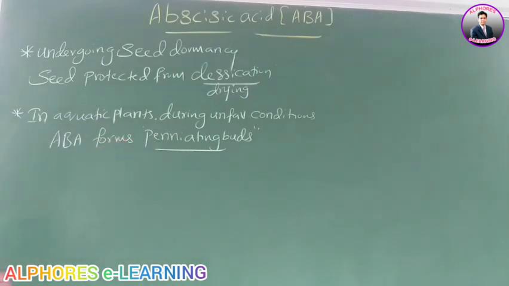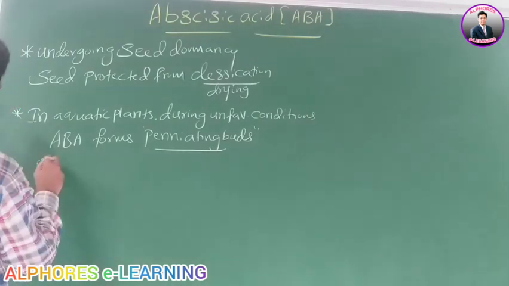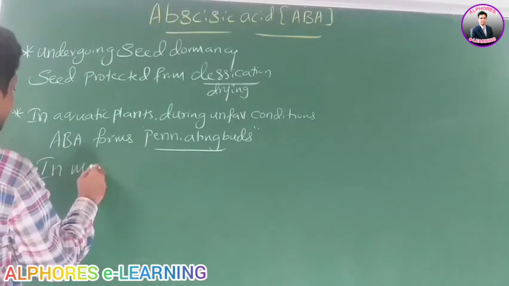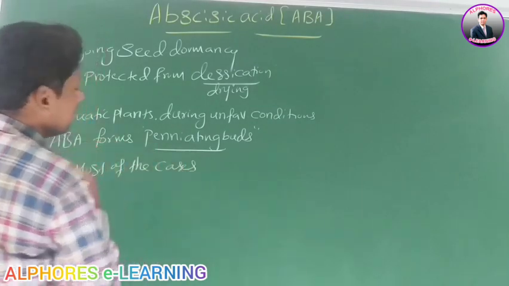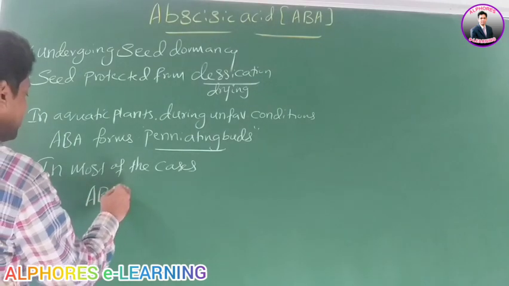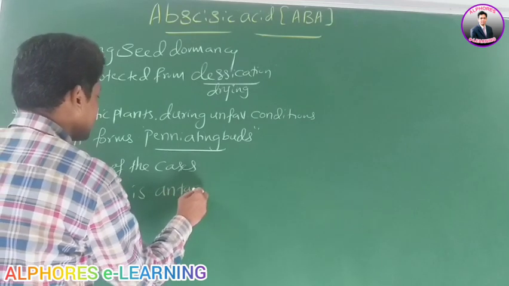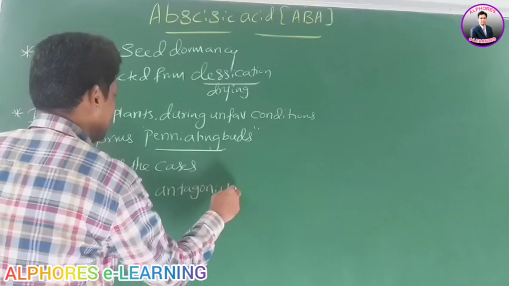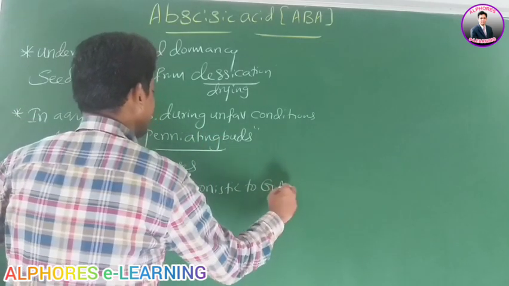Is it okay? Now listen to this statement. In most of the cases, abscisic acid is antagonistic to gibberellic acid. Abscisic acid is antagonistic to what, sir?